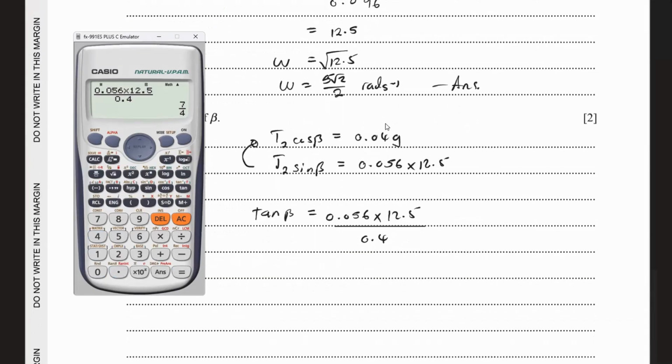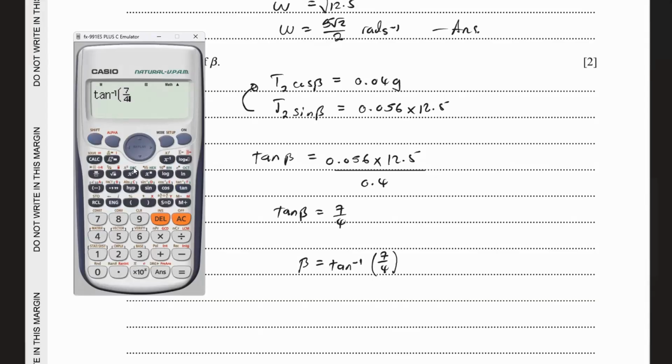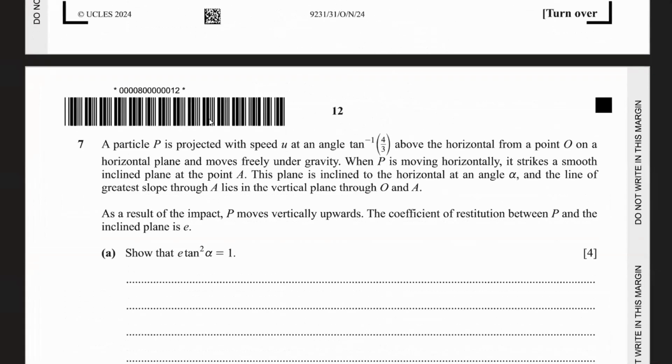So basically, tan beta is equal to 7 over 4. So beta is equal to arctan of 7 over 4, which is 60.3 degrees. Therefore, beta is 60.3 degrees. So that's the answer here. And that's how we do it. Let's move on to the last question.